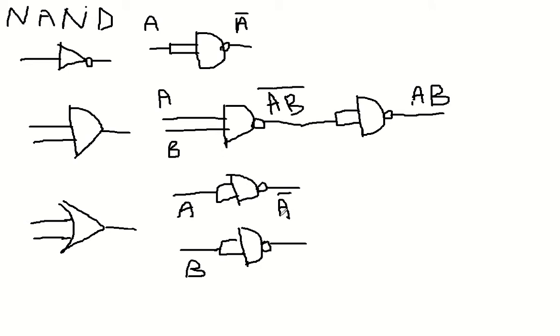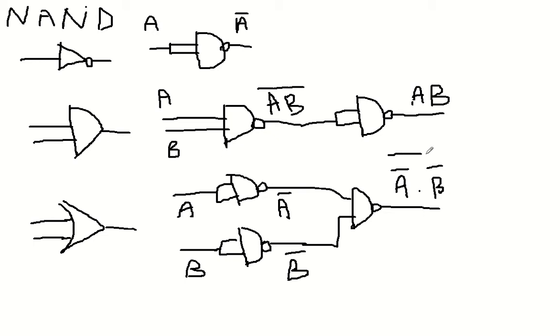Okay, similarly you are getting B bar here. So next, if you add one NAND gate here, your output is supposed to be (A bar dot B bar) whole bar.